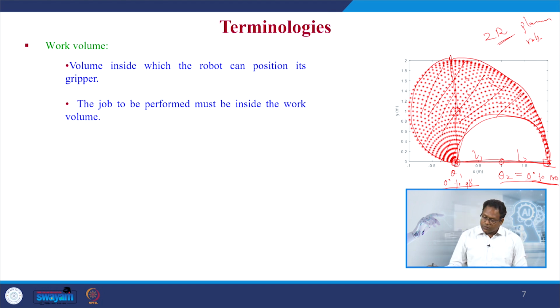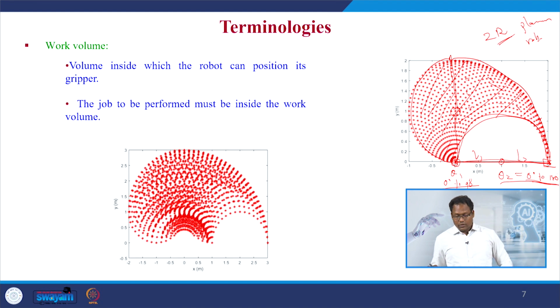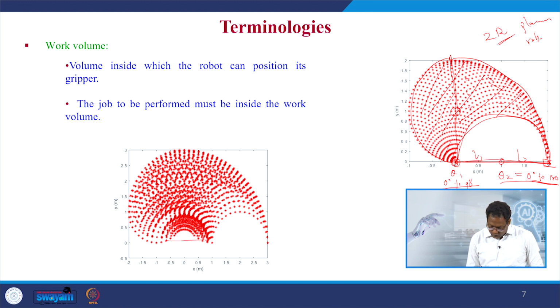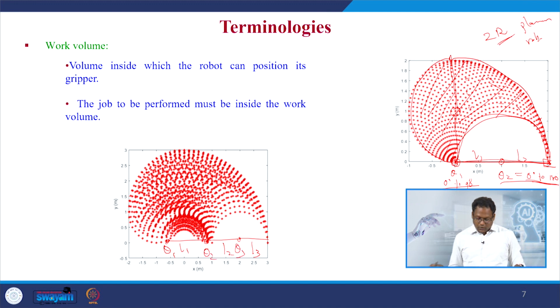Let us say if it is a 3 revolute jointed planar robot, which means this, this and this, L1, L2, L3. So, theta 1, theta 2, theta 3. So, how can we get this type of work volume?